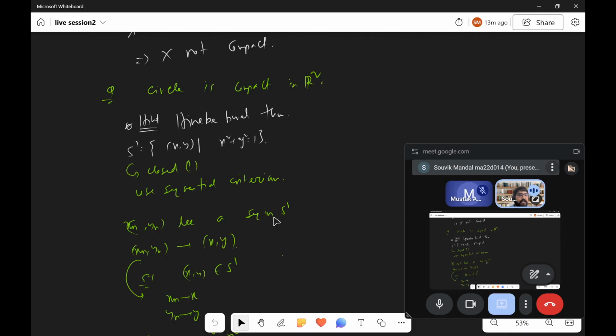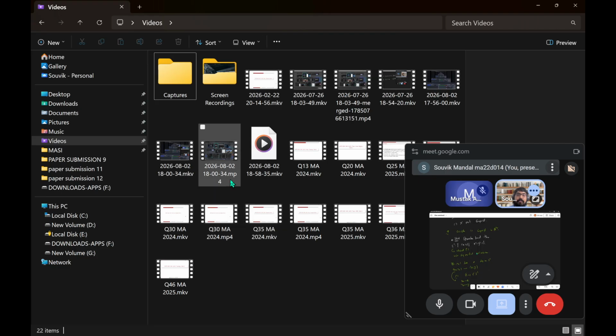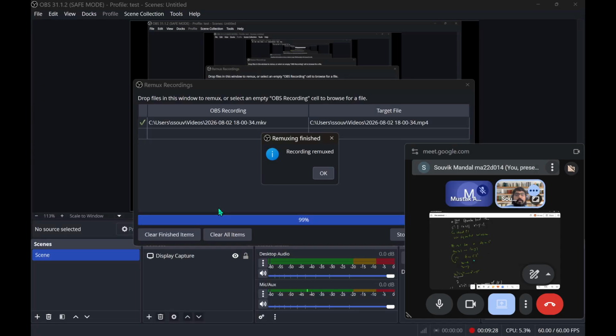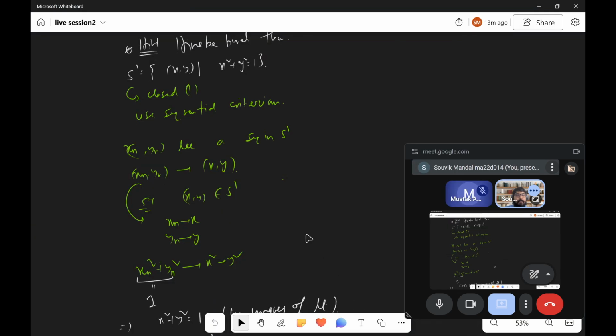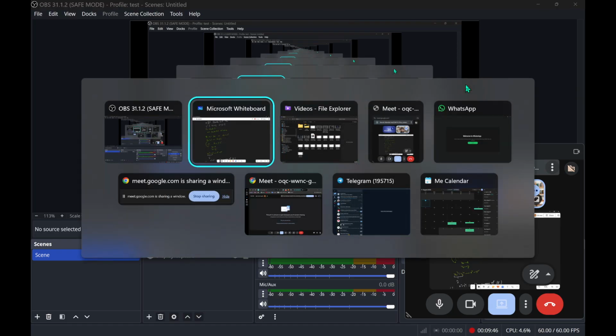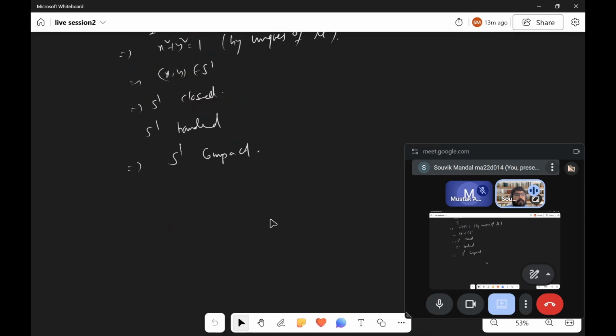Okay, so that's what the sequential criterion means. I hope this argument is clear.